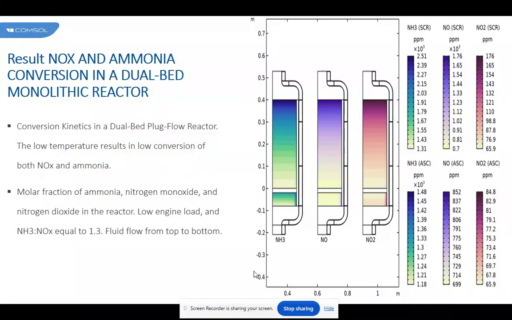The cell density and wall thickness dictate the channel size, which combined with the washcoat loading govern the open frontal area, which is equal to the monolith porosity. Desirable properties of a catalytic converter include fast thermal response to give a short light-off time, which implies a low thermal mass.